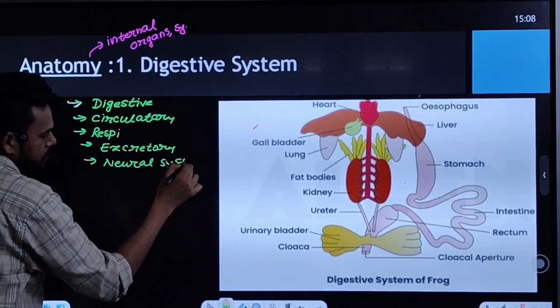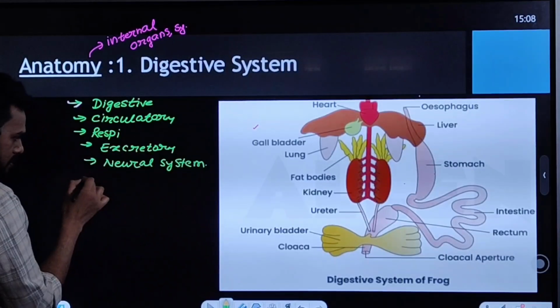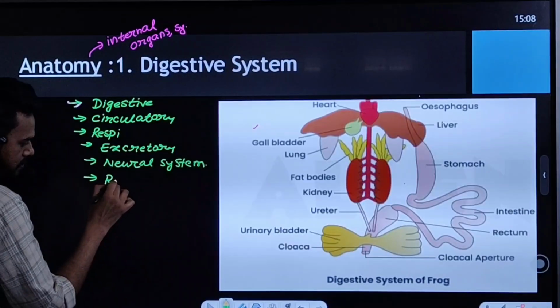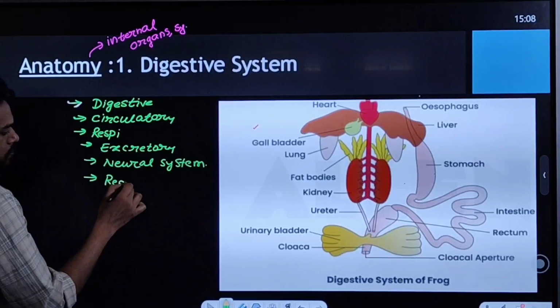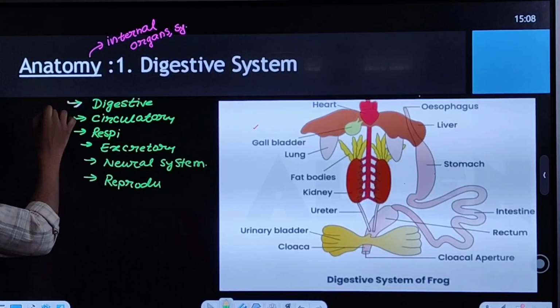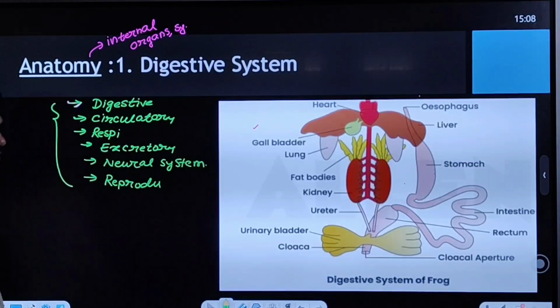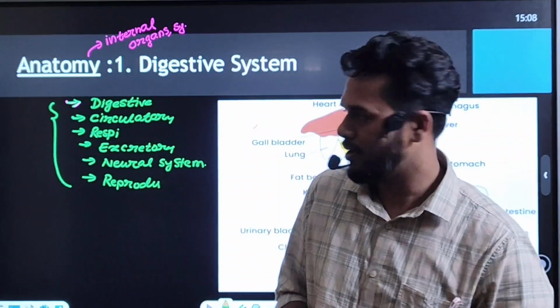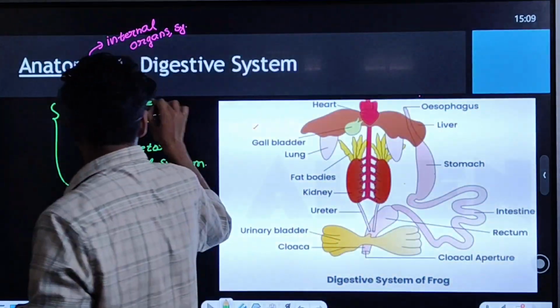This neural system is also known as nervous system, and the last one is the reproductive system. So, in the body cavity of frogs, various types of organ systems are present, and we are starting with the first one, that is the digestive system of frog.